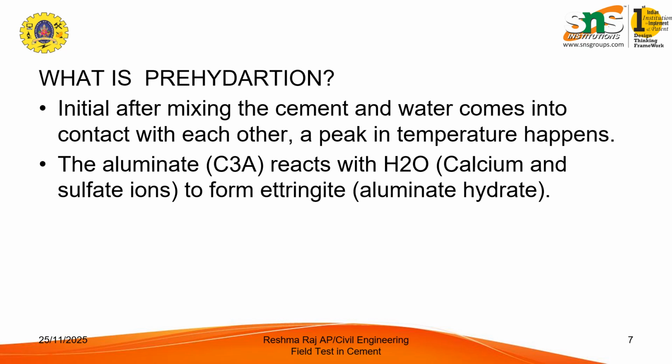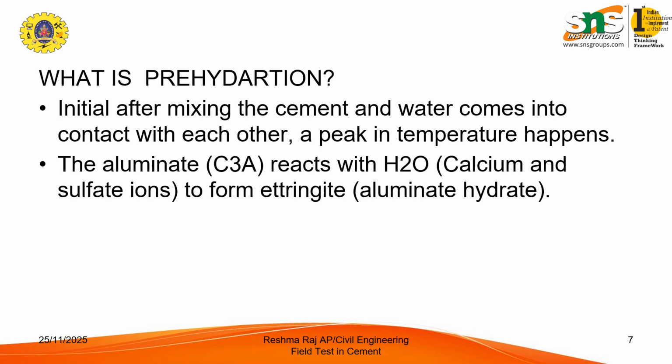This prehydration can negatively impact the cement's performance and strength, as I told you before, because it reduces the amount of water available for the proper hydration process during mixing. So the strength will be reduced. It's important to store the cement in a dry environment to prevent this prehydration, and we have to ensure its quality. So that is prehydration.